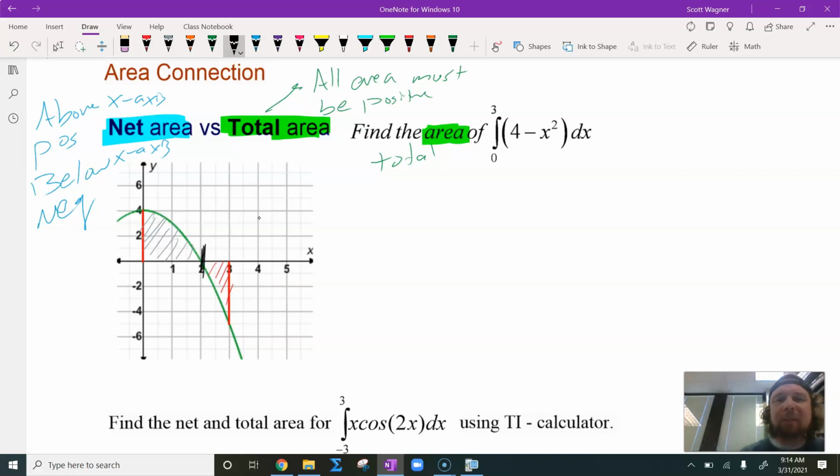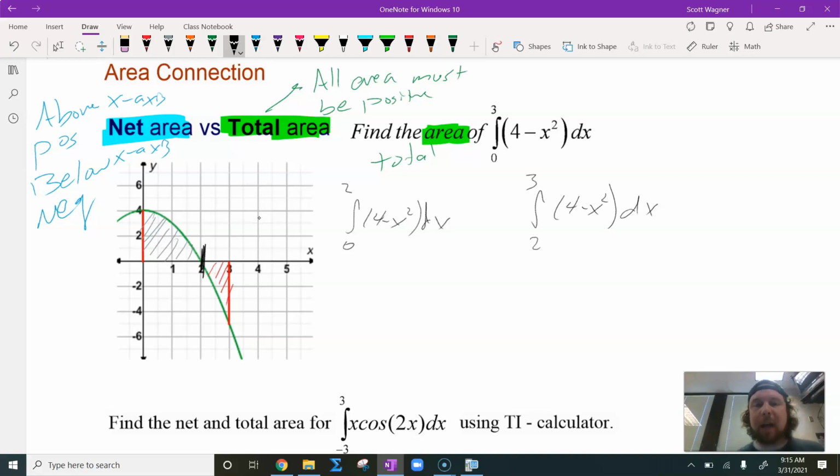So if I adjust my integral a little bit, I can say, let's find the integral from 0 to 2 of 4 minus x squared. And that will give me nothing but positive, because that's all above. So that's great. And then I can break this up to be the integral from 2 to 3 of 4 minus x squared.